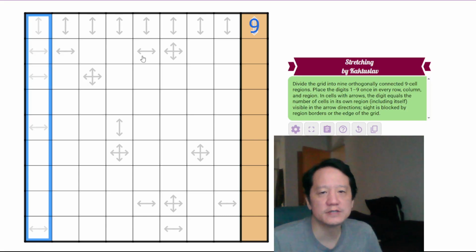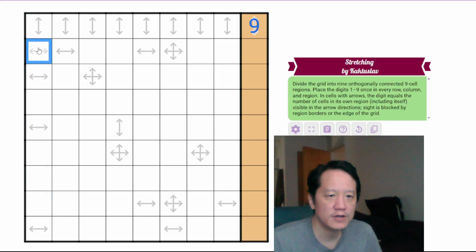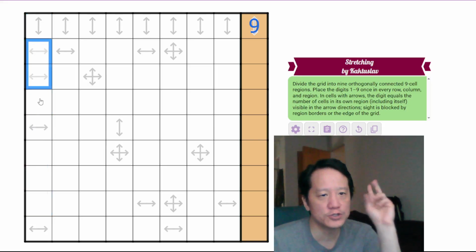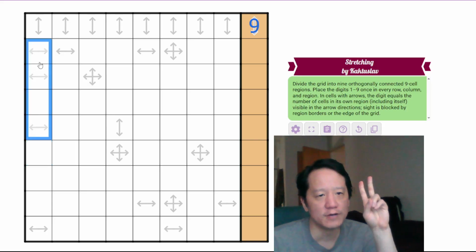Where can 8 be also? 8 cannot be here because we'd have to have these cells. Only 2 of them could be non-1, right? You could only have one cell extending out that way.